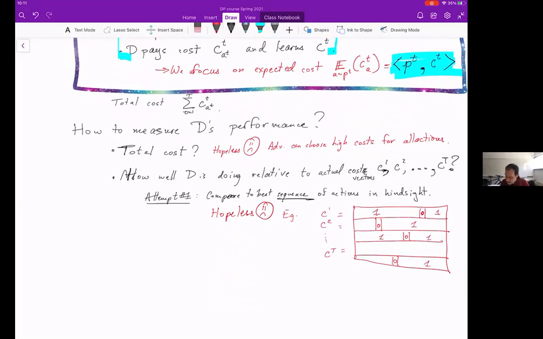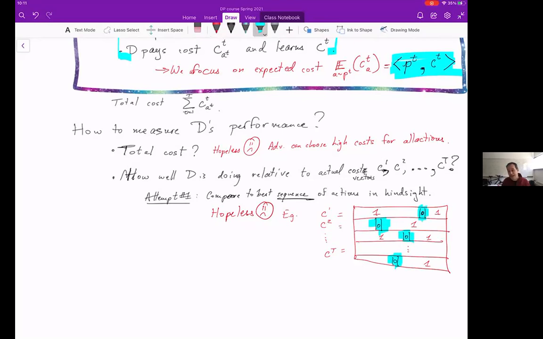And in this case, for the algorithm to compete well with the best sequence of actions, the best sequence of actions is these days where the cost was 0, the action where the cost was 0 for each day.